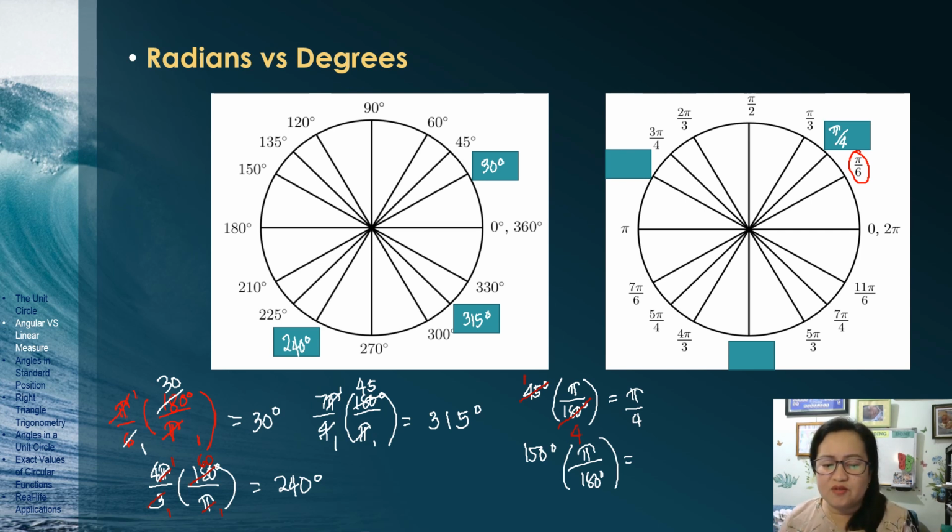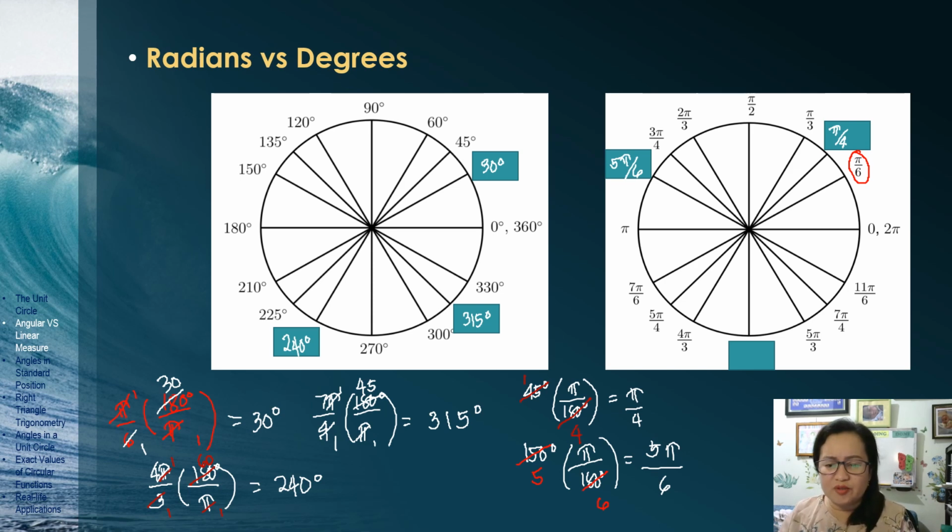So we divide by 30, 150 divided by 30 is 5, while 180 divided by 30 would be 6. So we perform now the multiplication. 5 times pi is 5 pi over 6. That means 150 degrees is 5 pi over 6.